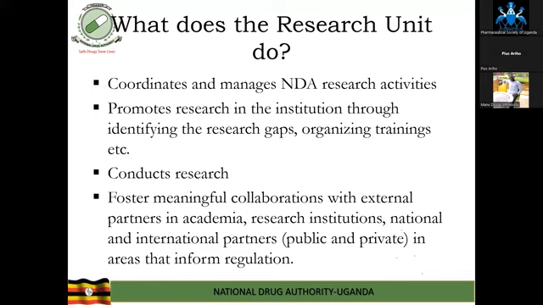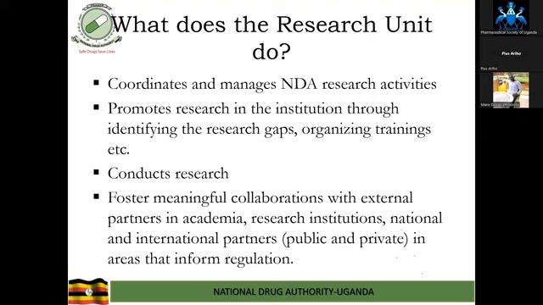So NDA did a research to figure out what the effect was of that decision, and I think the results showed that yes, there was less importation of those drugs, but the industries here could not sufficiently supply, could not satisfy the whole market. And that gives recommendations to NDA and to the government on how to handle that.